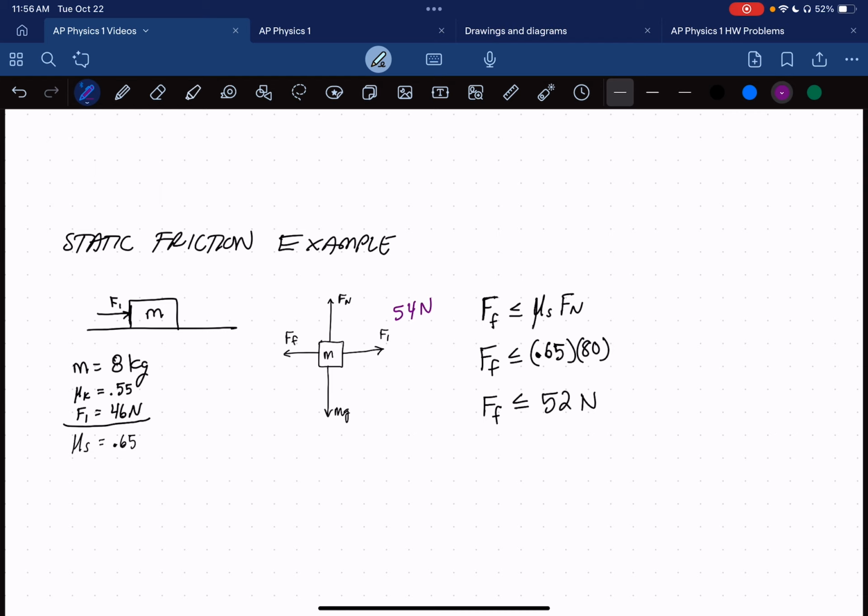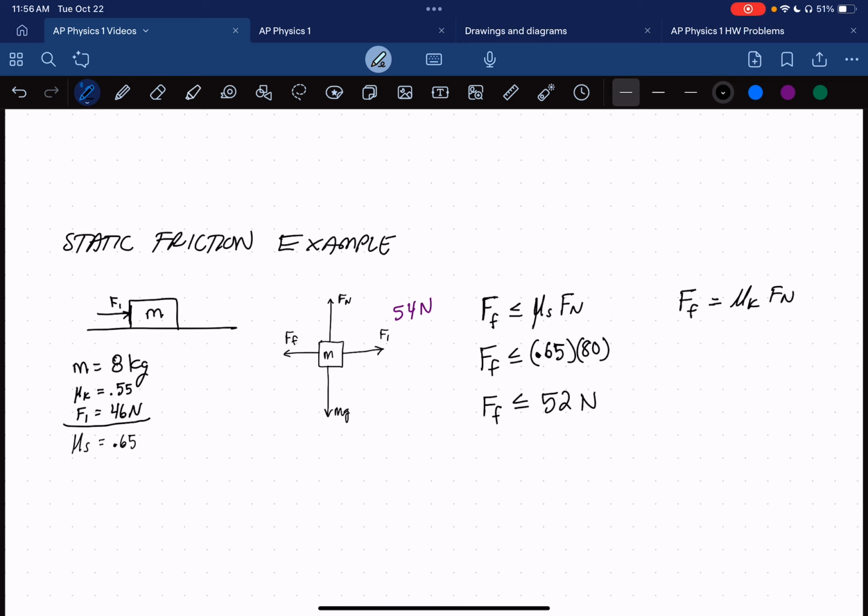And when it starts to move, the friction force is no longer static friction, right? Now it's slipping. And so the friction force we'd have to consider at this point is now kinetic friction, right?